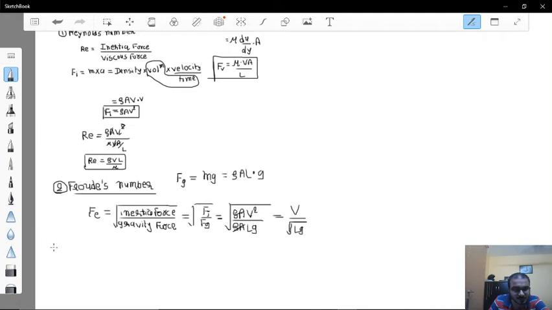The third one is Euler's number. That is given by EU, that is equal to square root of inertia force to pressure force.